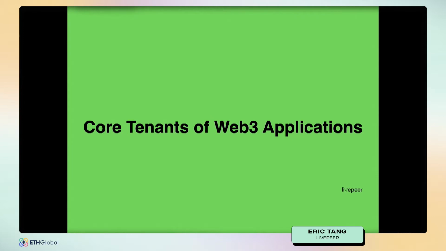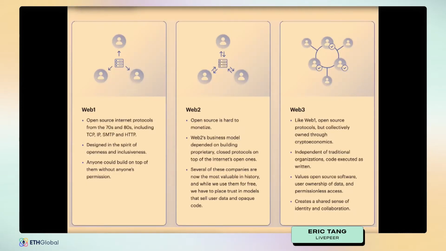Cool, let's dive in. Core tenets of Web3 applications. So let's take a look at some of this historic view, right? Like where did we come from and what is Web3 actually putting forward? Back in the 70s and the 80s when the web was first invented, we were really in this kind of read-only world, right?